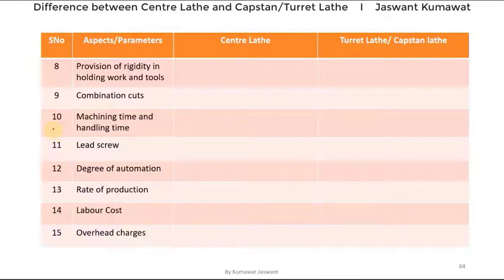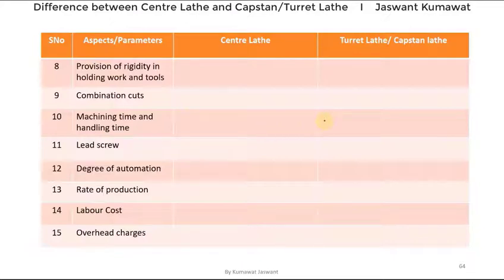Now the 10th difference is based on machining time and handling time. As we have to change the cutting tool for each operation to be performed on a workpiece, there is idle time in between the operations. So we can say the center lathes consume comparatively more time.